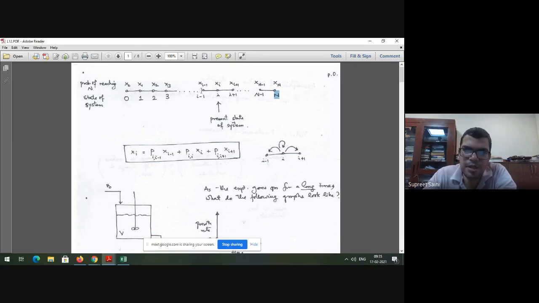When this is my starting state, the probability of reaching n is xi minus 1. But the probability of moving from I to I minus 1 is p(i,i-1).